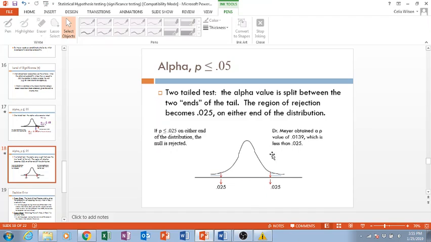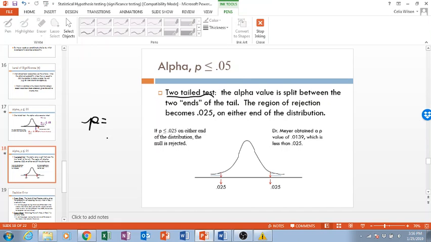Now, to me, this is confusing. So what I always do, and I encourage students to do, is to always use a two-tailed test, because in SPSS, what the computer does for us, that we're seeing the inner workings of right now, SPSS is going to give you a p-value or a probability.